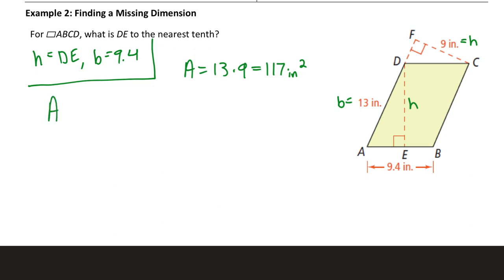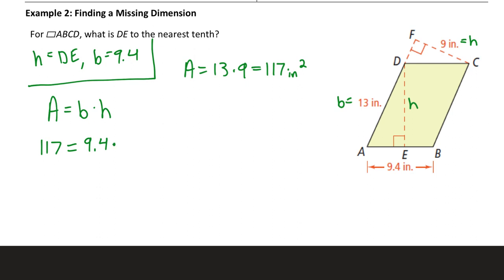And the reason this helps me solve this problem to find the height is that the area formula is base times height. So in this formula, I know the area of the parallelogram, I know the length of a base, I need to find the length of the height. So the area I know is 117, so I substitute 117 for A. I know the base that we found in the beginning was 9.4.